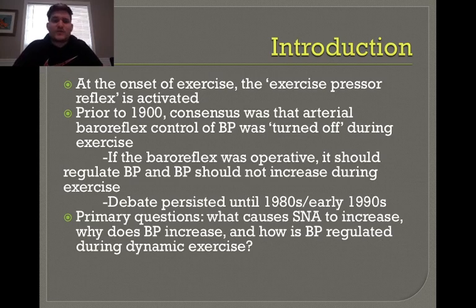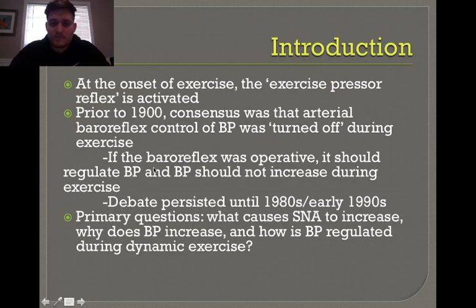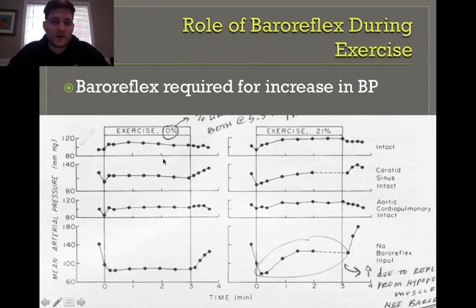So the primary question was, what causes sympathetic nervous activity to increase during exercise, right? So why is blood pressure increasing during exercise? And then how is that blood pressure regulated, basically, during dynamic exercise? So to that, we'll bring up these graphs here. Sorry about that, a lot going on here.